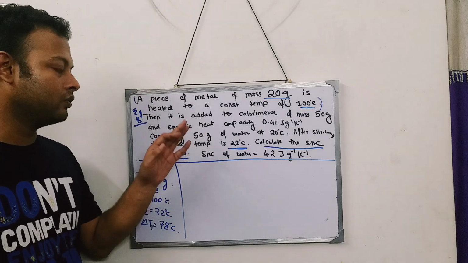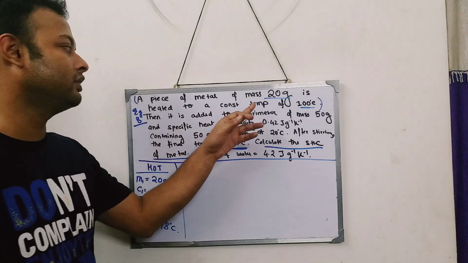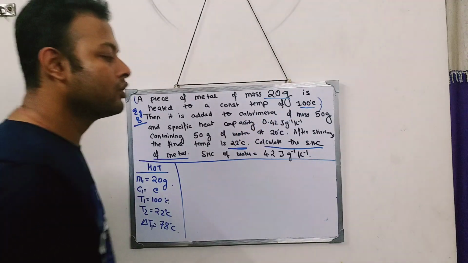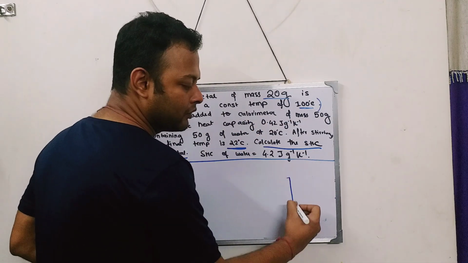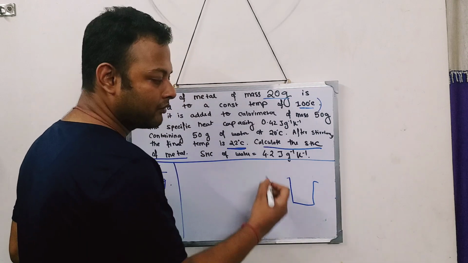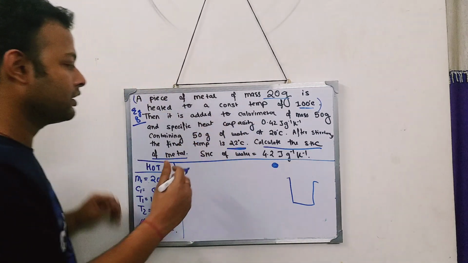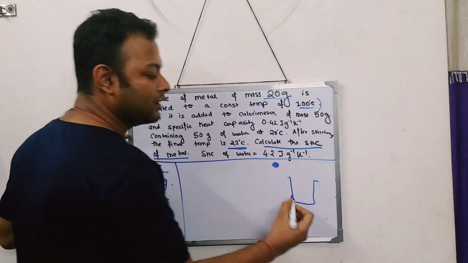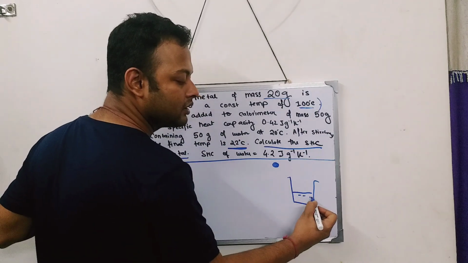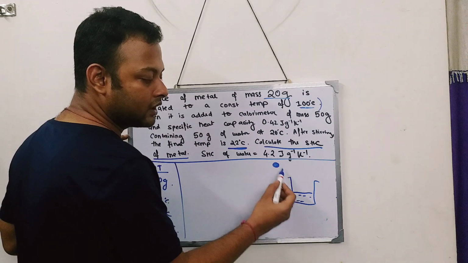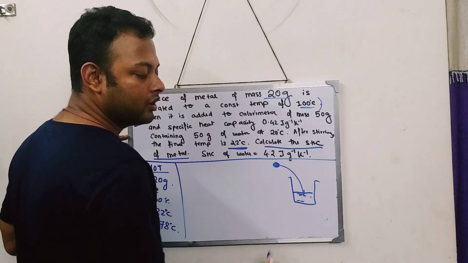Now where is this hot body going? This hot body is added to a calorimeter of mass 50 gram. So you can make a small diagram. This is my calorimeter, this is the hot body, and inside the calorimeter we have 50 gram of water. So the hot body has to go inside the cold body.